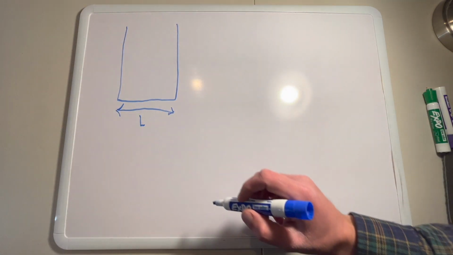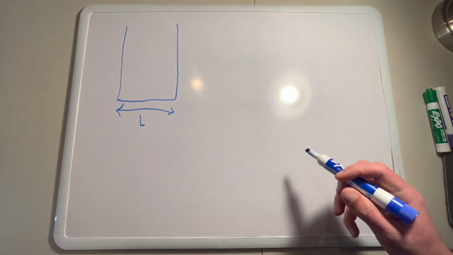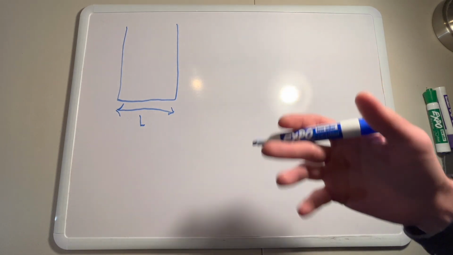And so all of those wave functions need to come to zero right at the edges. And so imagine something like a sine wave.